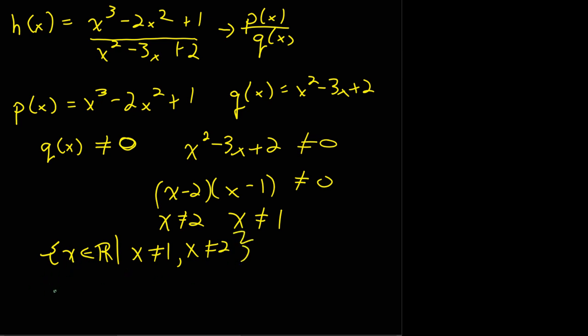Or we can say, hey, you're all real numbers, so you start at negative infinity. You get to 1. Then you go from 1 to 2. Then you go from 2 to infinity. Notice how writing this gets longer the more roots that we have in our denominator. I always said I like this notation.